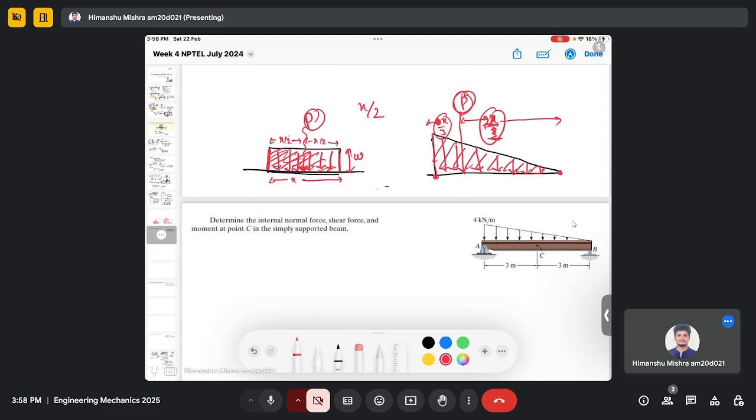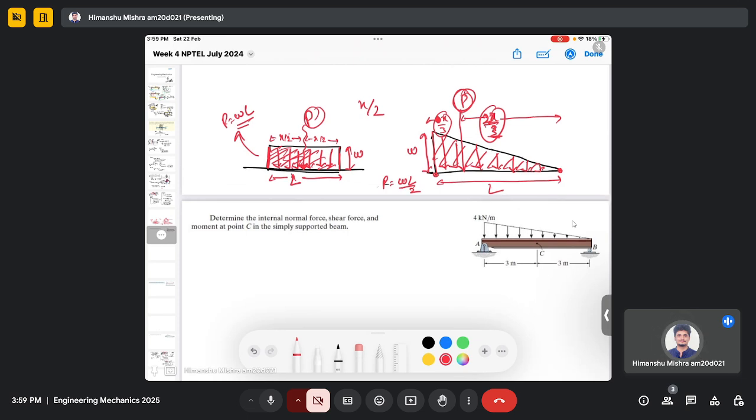So this distance is W, and the total length of this triangle is L. So my equivalent point load will be WL by 2. If we consider this as a rectangle, then it will be WL. Having used this concept, we can find the equivalent load here.